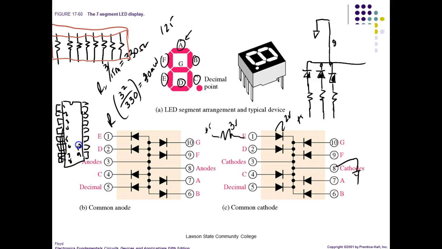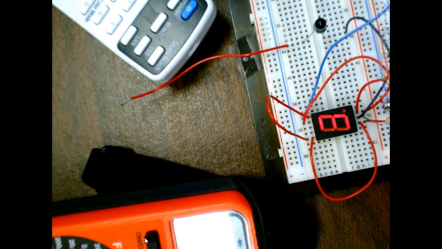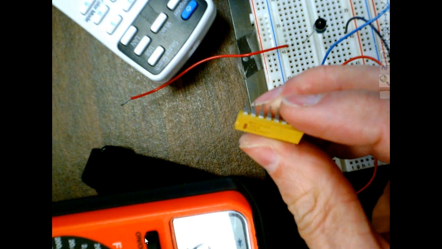This would be 9, 10, 11, 12, 13, 14, 15, 16. So we have a resistor between pins 1 and 16. So you'll see a bunch of these because the power is so low that we can integrate these. So this is the resistor pack.